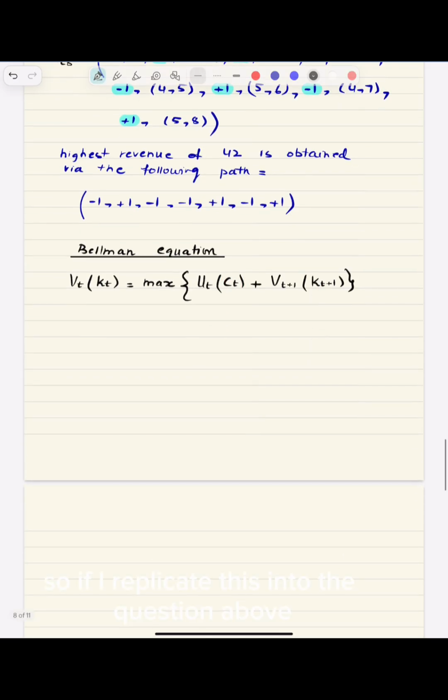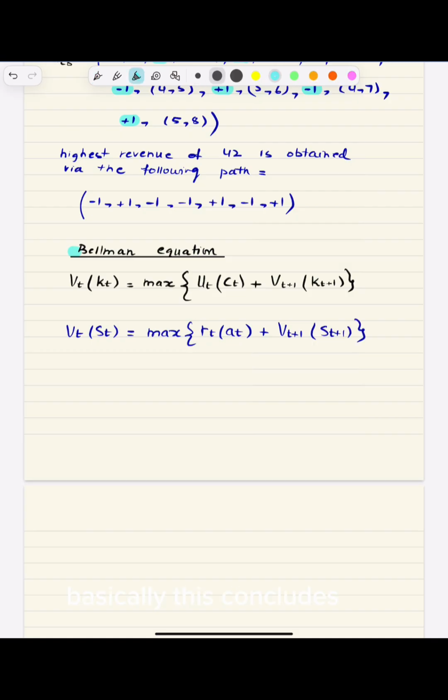So if I replicate this into the question above, we had a state variable s, we had a reward that was given because of an action, left or right, we were taking, and we wanted to maximize the stream of all future rewards from taking action a. And basically, this concludes the lecture.